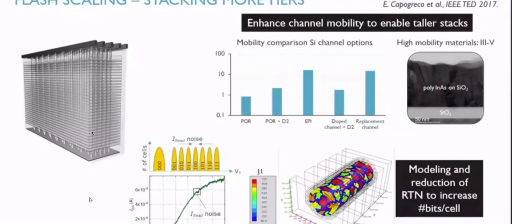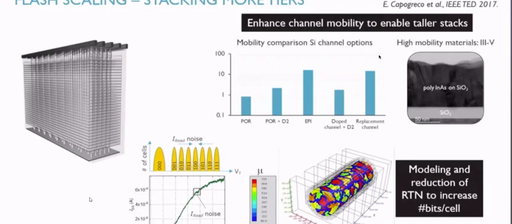You build the device vertically, and every point here is a cell, and this is like a NAND cell, but a vertical NAND cell. Also, you do multi-level devices, so the number of cells you can store, and this is the V threshold of the devices, you can make a multi-level cell.